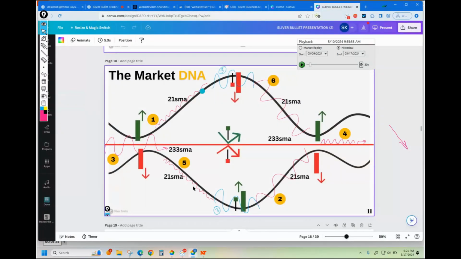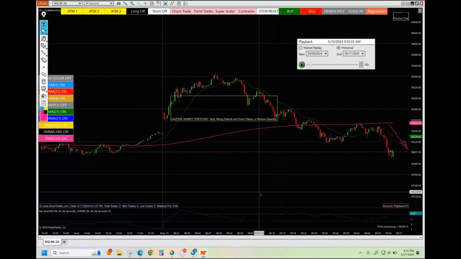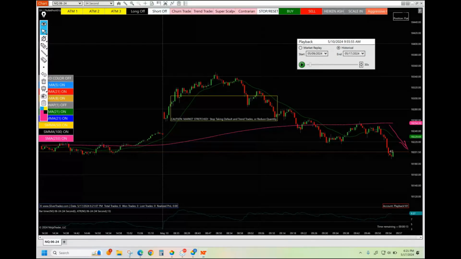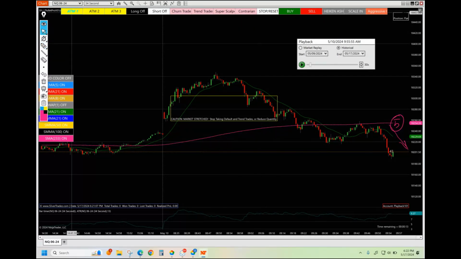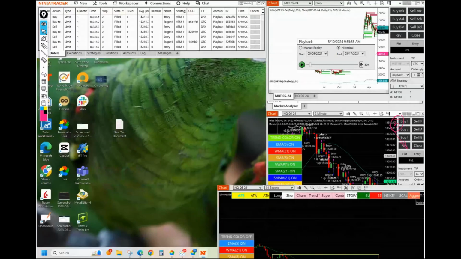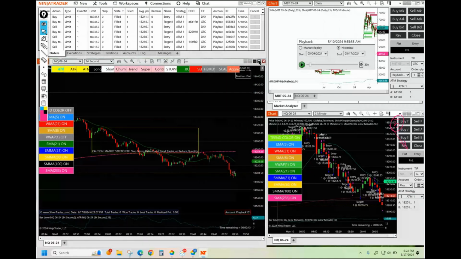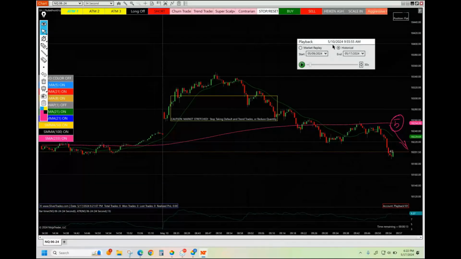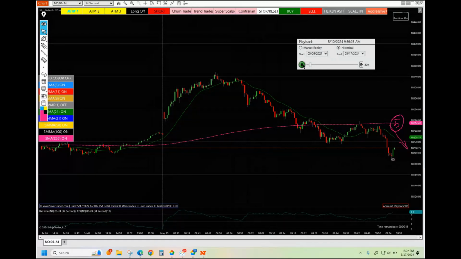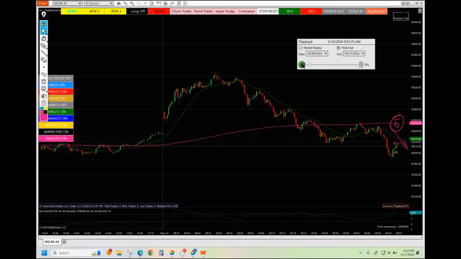It is coming down now here. So this is market condition number 5, downwards. So what I'll do is I will click on ATM short on, and I'll turn this on and see what happens.